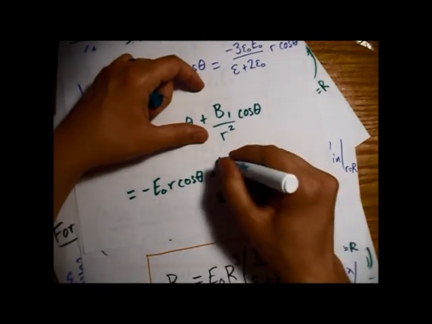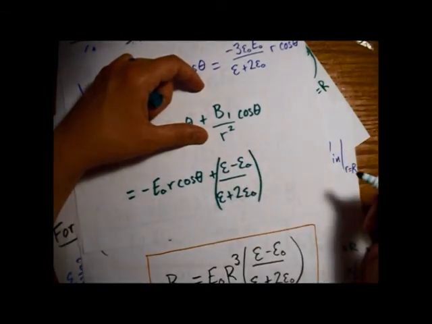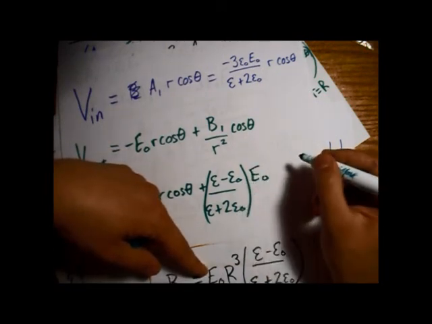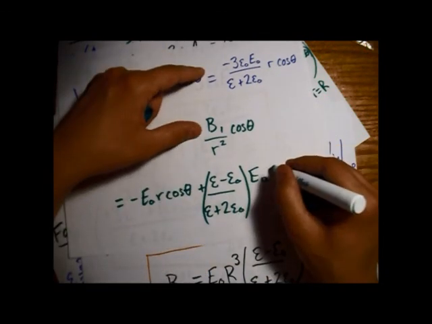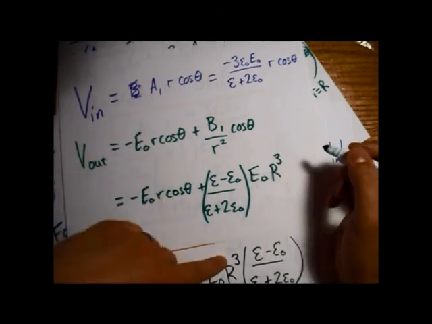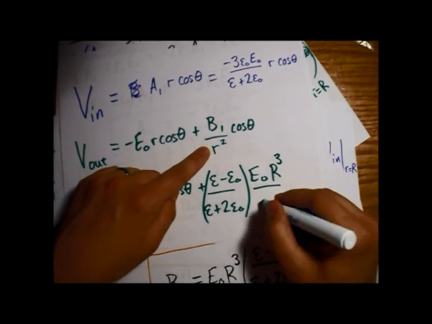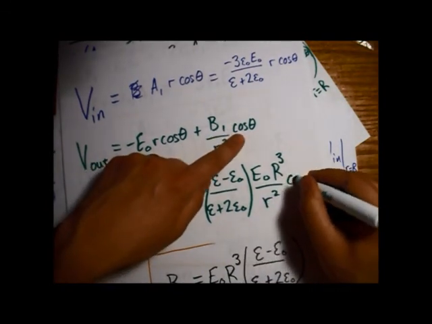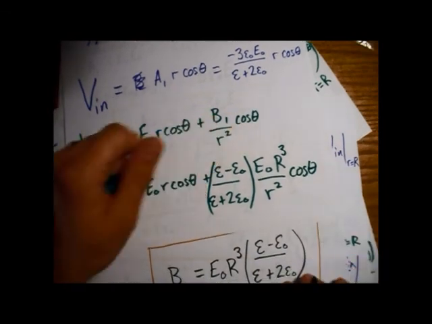Okay? Then we have our big E naught, our big R cubed here on the top, and our little r squared on the bottom, and then we have our cosine theta.